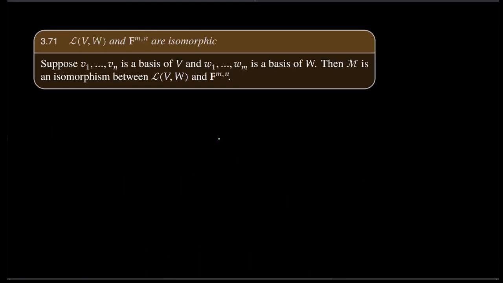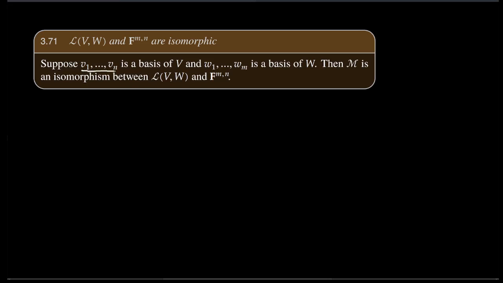Today, we're going to do some applications of it. First off, let's show that L(V,W) and F^(m,n) are isomorphic, where m and n are the corresponding dimensions of W and V. So here's the statement.